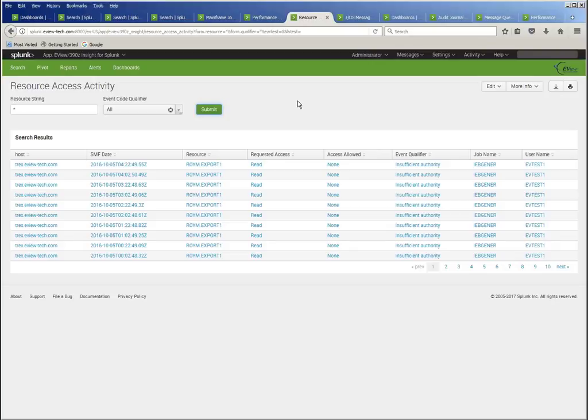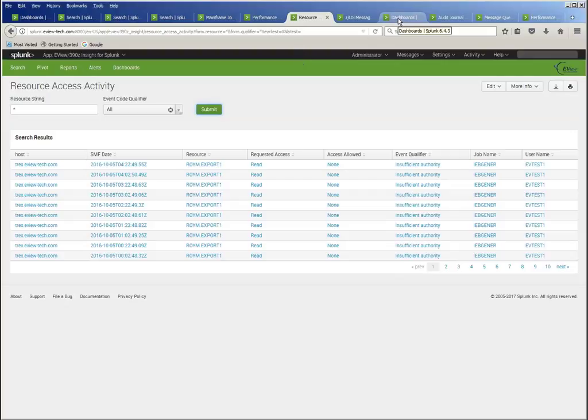Something that would be important as part of security monitoring, or for auditing, if you're using RACF to audit data set access, that type of data from RACF would also be recorded and sent over to Splunk and can be viewed in this dashboard or in any other type of security reporting that you do.